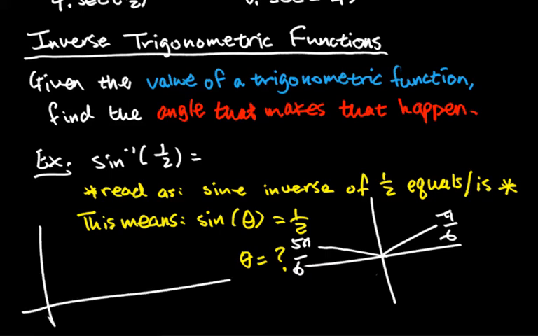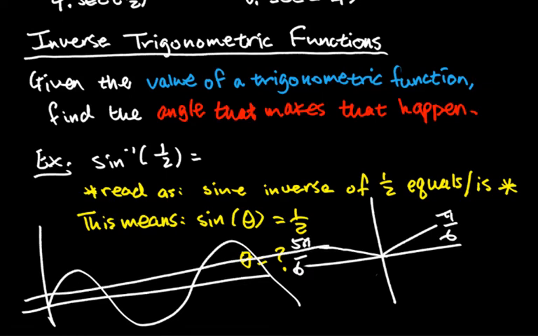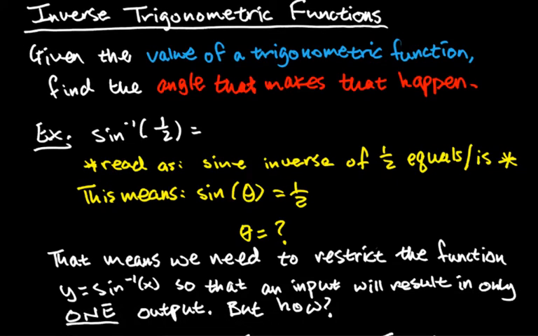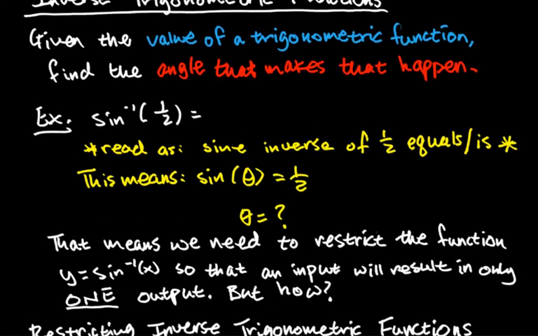If you also look at a sine graph, you'll see that 1/2 happens along that line at infinite numbers of points, because this same behavior is going to happen over and over, right? So basically, that means we have to restrict the function so that sine inverse of x gives us one input and one output.